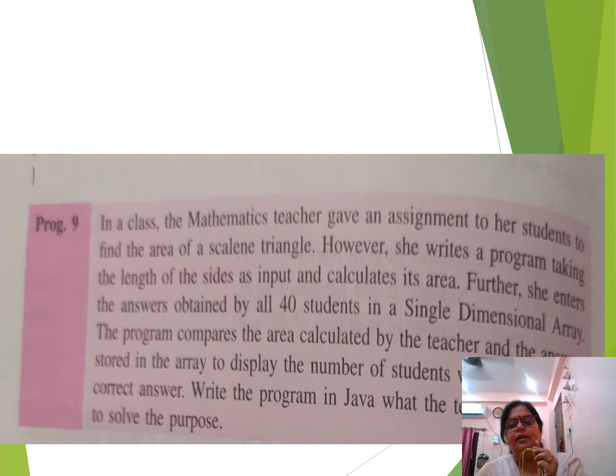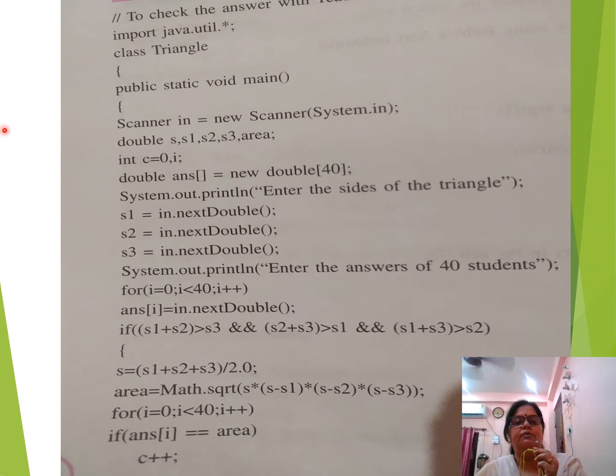Okay, see here, we have taken a program. The program has been written. For scalene, you have to find out the formula for the area. Then the 40 students, how they have done their program. The formula is there, Math.sqrt, and here we find the area. Now if answer[i] is equal to the area, it will be checked by the teacher.